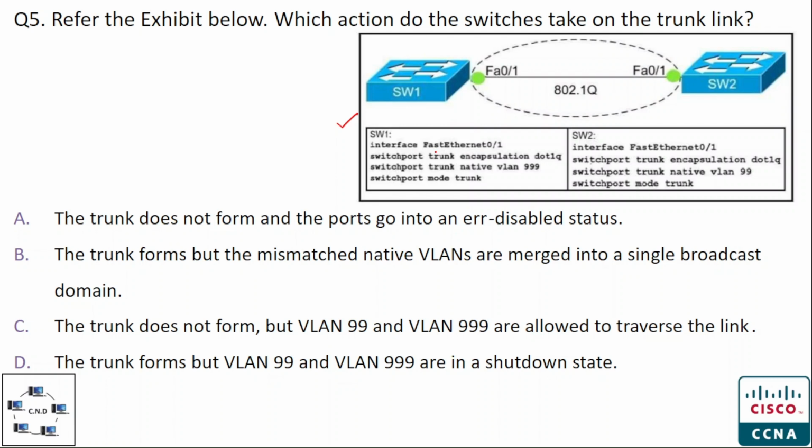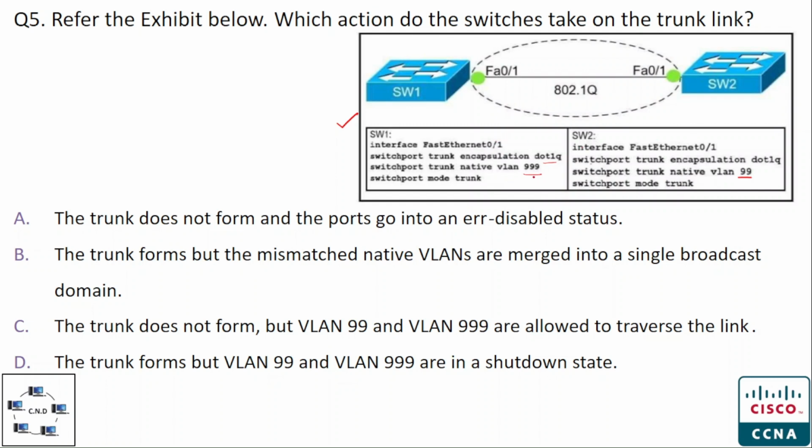We have the interface FastEthernet 0/1, then switchport trunk encapsulation 802.1Q, then switchport trunk native VLAN 999, and switchport mode trunk. Again, on switch 2, we have the same commands, except that here the native VLAN is 99 instead of 999. The rest of the configuration is the same.